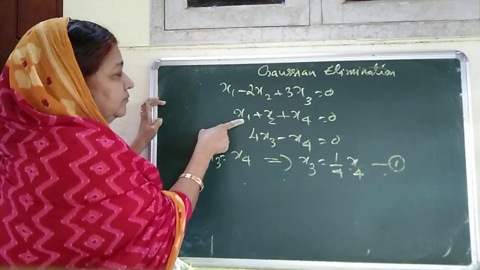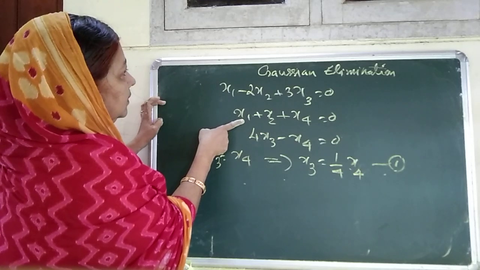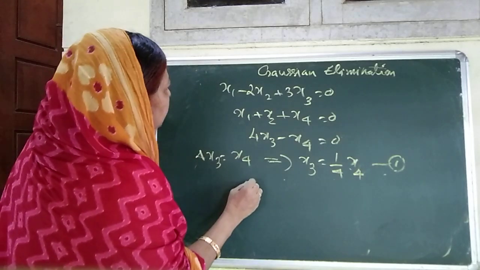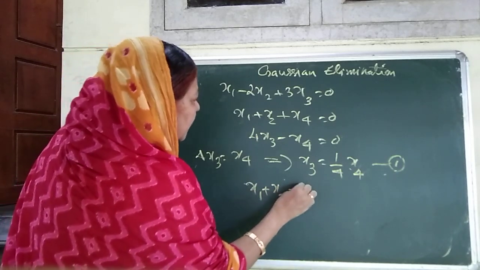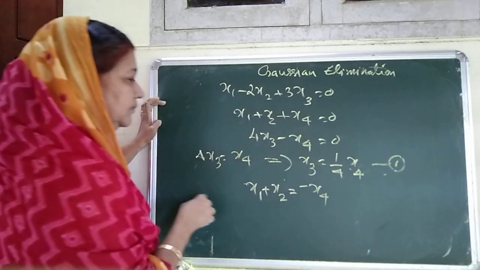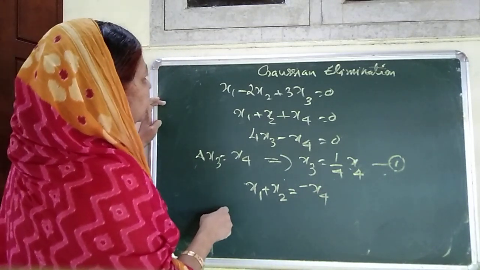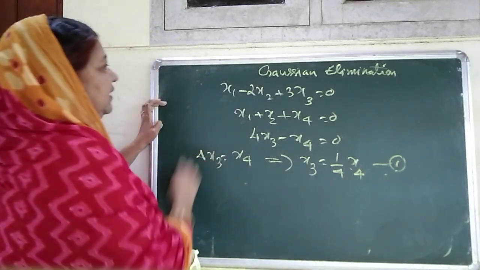Then x1 plus x2 equal to minus x4. And from these two equations, we can eliminate.